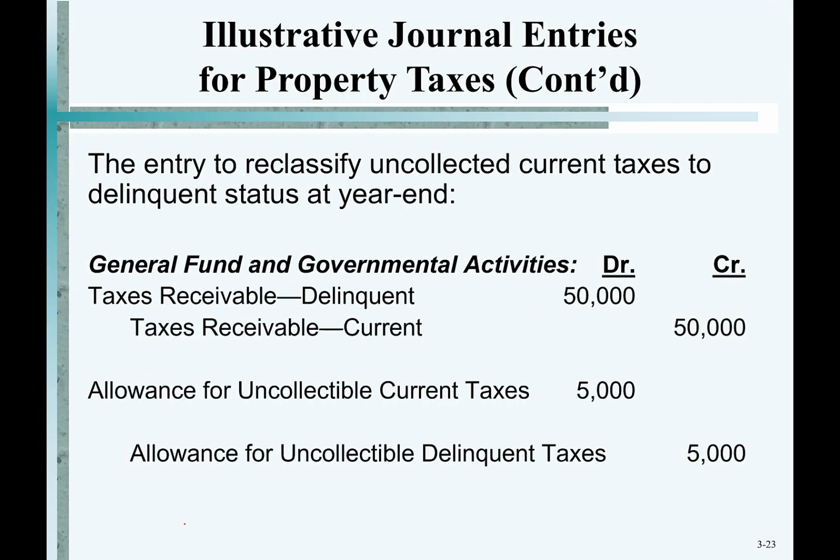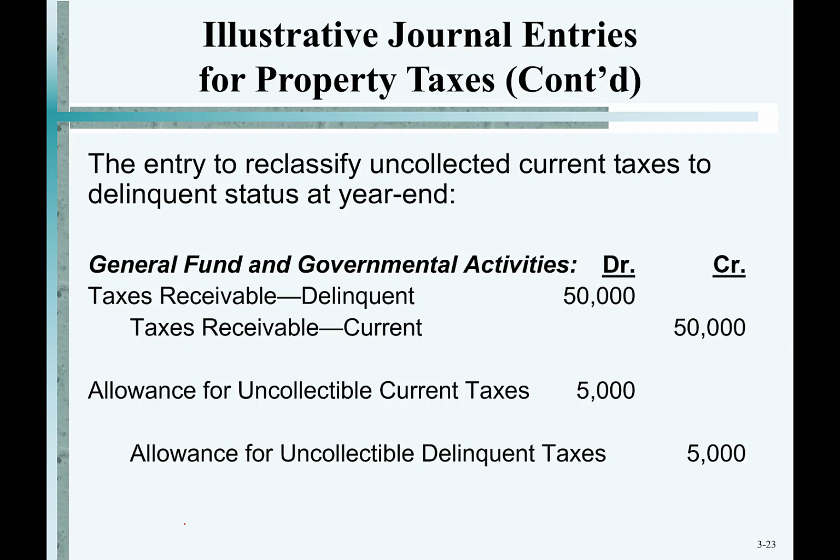And some people don't pay us. They are late now. So these two journal entries are simply reclassing amounts out of current and putting them into delinquent. So we credit taxes receivable current for the $50,000, debit taxes receivable delinquent, thus taking it out of the current and putting it into the delinquent, right? Simple reclass.